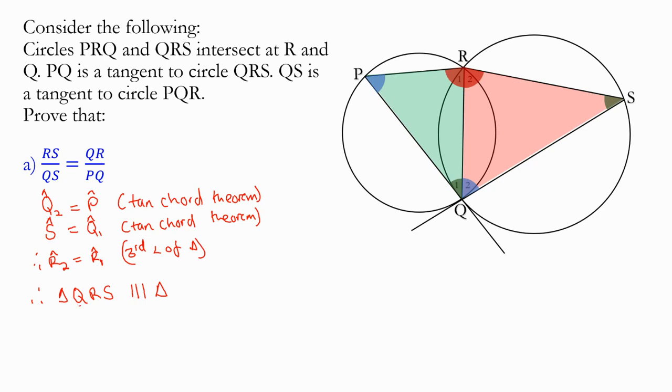The Q must go with the P. If Q is position 1 in the first triangle, then P must be position 1 in the second triangle. If R is position 2 in the first triangle, then R must be position 2 in the second triangle. If S is position 3, then Q must be position 3.